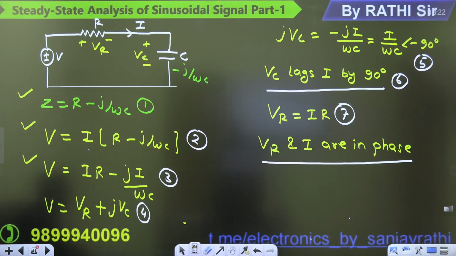Are you getting my point? But remember that it will lag the current by 90 degrees. Suppose I am writing the negative here, then VC will become I by omega C, no problem. There is no contradiction between equation numbers 3, 4 and 5.